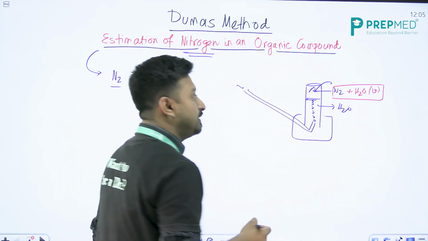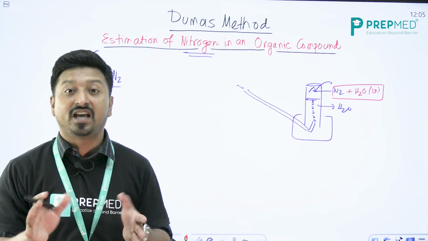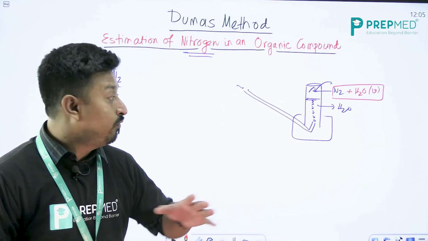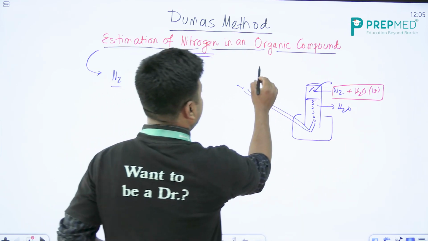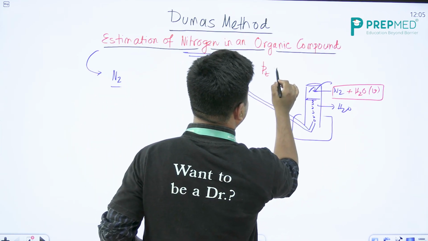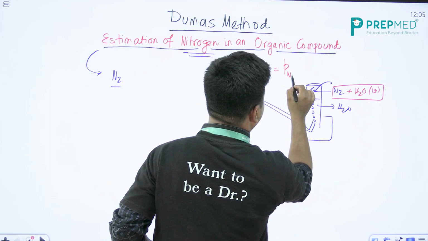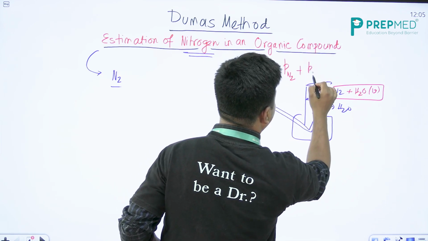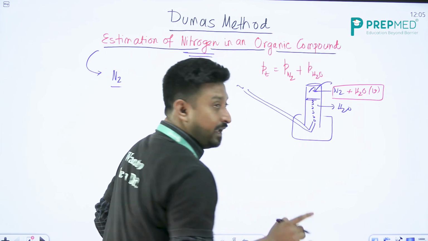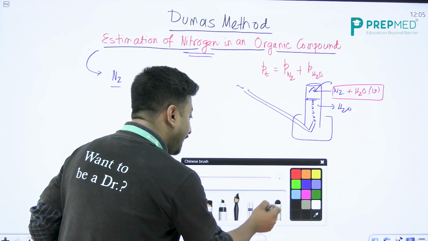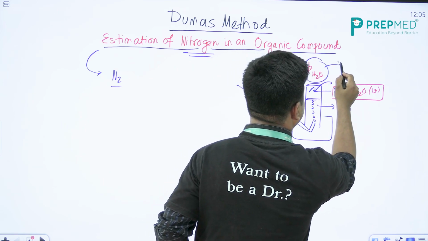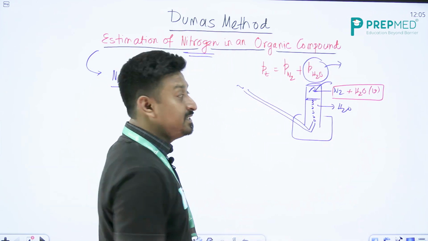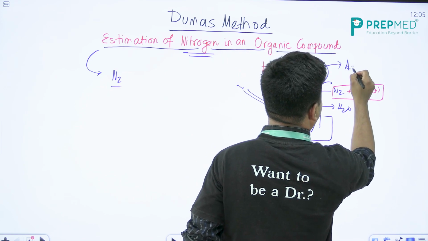So remember one thing, whatever pressure comes at this point of region is basically your total pressure, which is equal to the pressure by nitrogen plus the pressure by water molecules. Students, remember that this pressure of water molecules mentioned here is nothing but what is given in your problem, the aqueous tension.